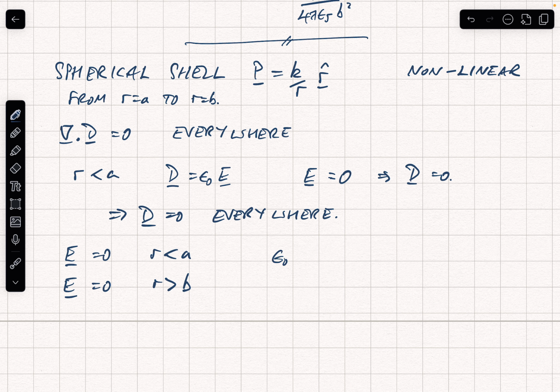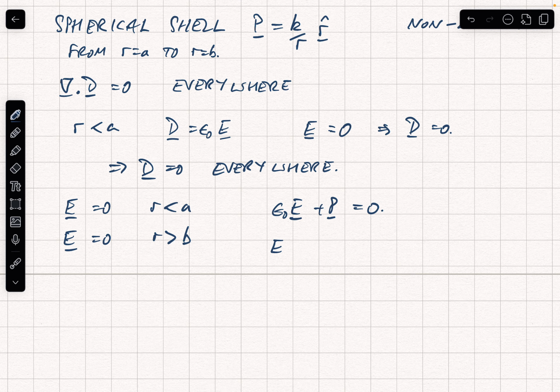We know that epsilon naught E plus P must equal 0, and that's D, so E must equal minus P divided by epsilon naught, which in this case is minus K over epsilon naught R in the R direction.